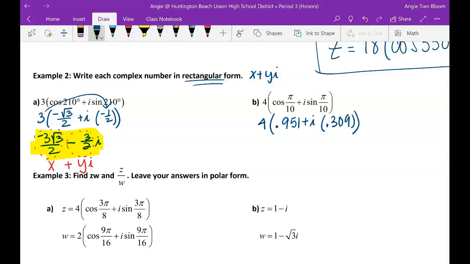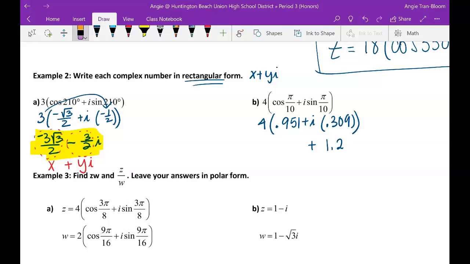So what we are going to do now is distribute your 4, okay? In rectangular complex form, the radius isn't factored out, so we have to multiply it back. So when I multiply by 4, I'm going to multiply the sine first.